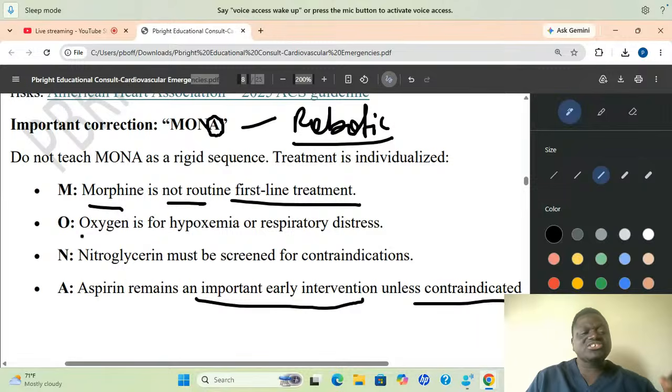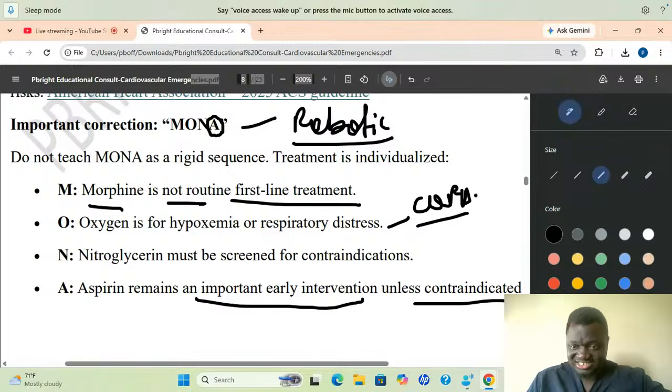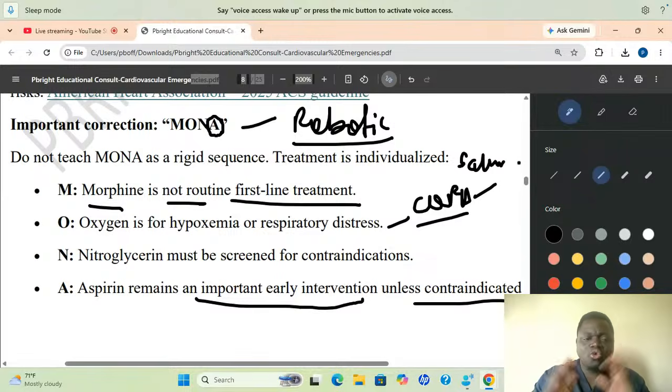Oxygen: you give oxygen for hypoxemia or respiratory distress. A COPD patient has come with a cardiovascular emergency. What is the highest saturation you are focusing on? The saturation is 82%.